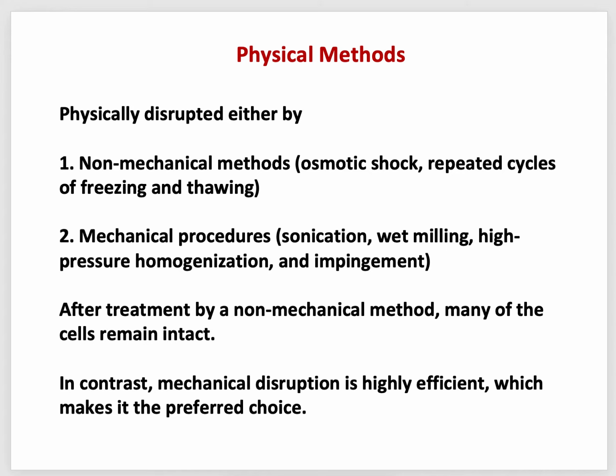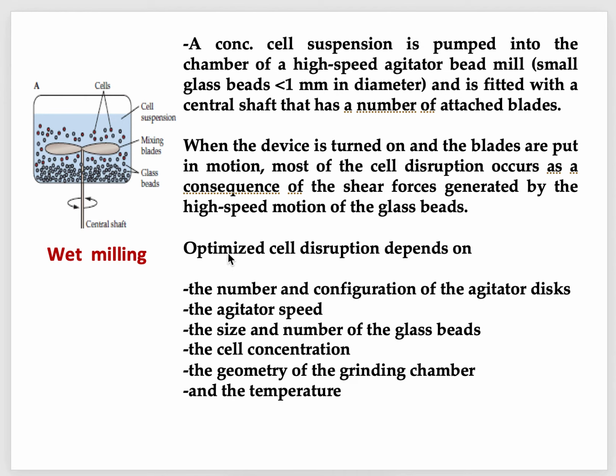So first, wet milling. What is done in wet milling? A concentrated cell suspension is pumped into the chamber of a high-speed agitator bed mill. This is the agitator bed mill, and it contains lots of small glass beads.